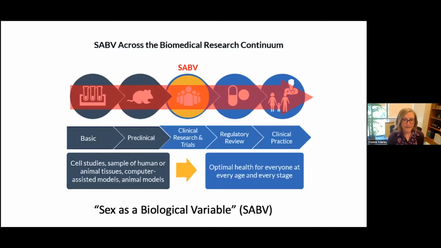Now, the goal of SABV is to increase not only inclusivity, but also rigor. So it was rolled out as part of a much larger initiative on rigor and transparency. And one of the things that I've been looking at is the extent to which including both sexes actually does increase rigor, which I'm defining as lowering the risk that we're going to draw the wrong conclusions from our data.